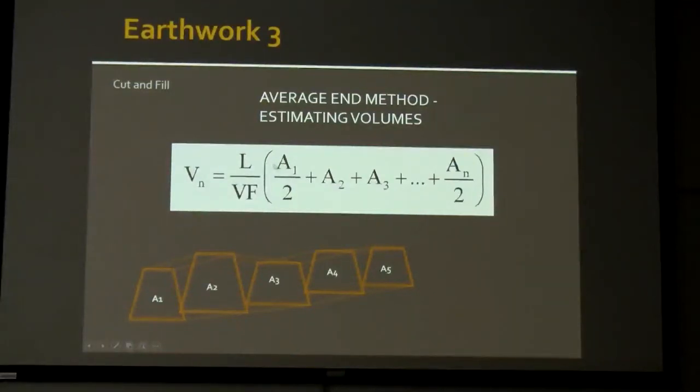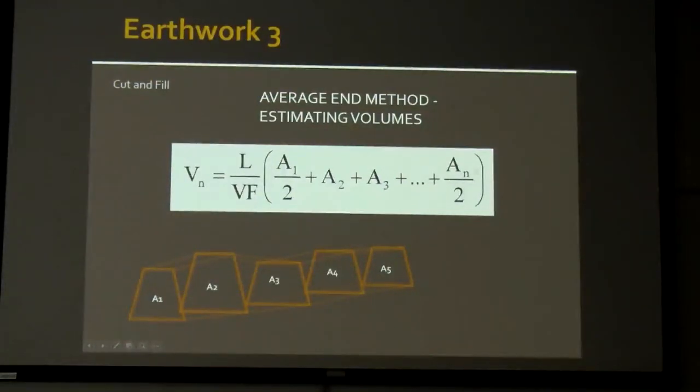So this first section is A1 plus A2 divided by 2, and then plus A2 plus A3 divided by 2. So here we have A2 twice. A2 over 2 plus A2 over 2 is just A2. The same thing applies to A3 when we relate A3 to A2 and A4. So the formula is really easy to develop. The total volume is equal to the length, L, times A1 over 2 plus A2 plus A3 plus A4 plus, in this case, A5 over 2.